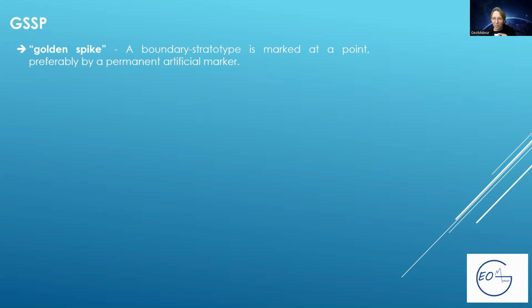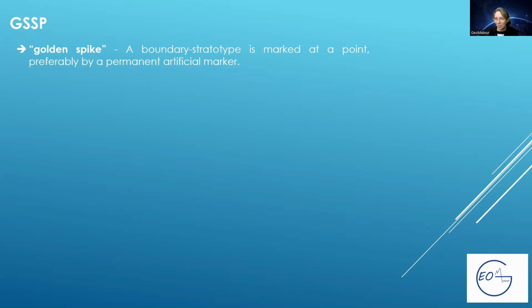Golden spike. You saw in the chart that there is a golden spike. So the golden spike boundary stratotype is marked at the point preferably by a permanent artificial marker in the field. So in the chart, you have the icon of a golden spike.